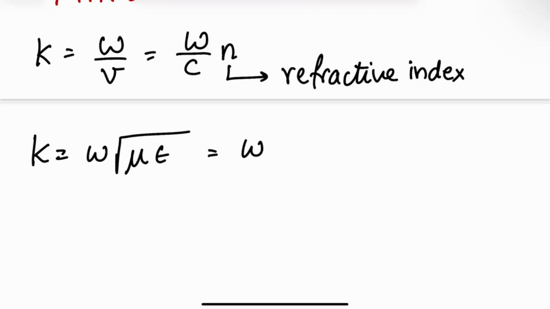Then you have omega square root of mu naught epsilon naught times square root of epsilon r, right?